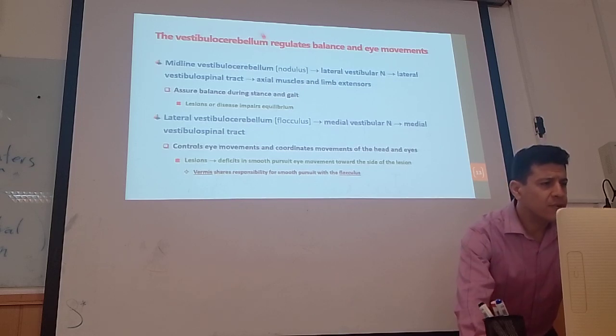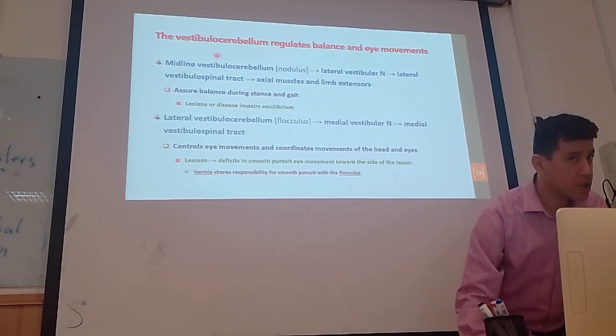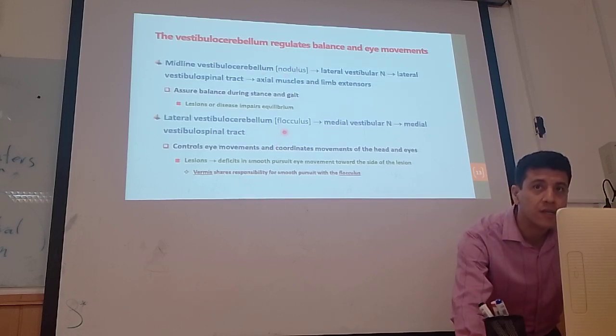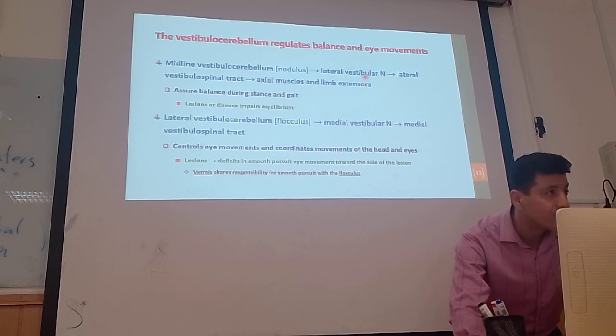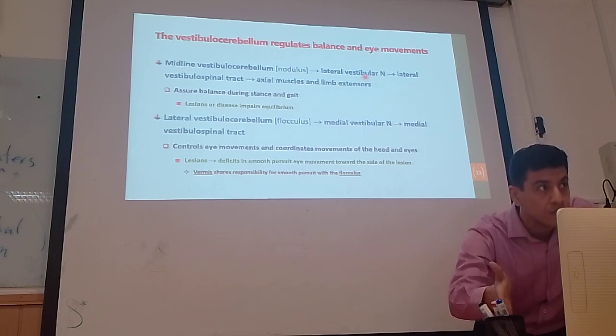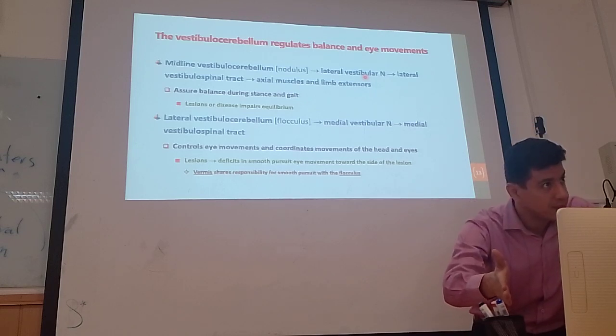Okay, vestibulocerebellum, flocculonodular lobe, right, has two parts, nodulus, flocculus, right? Nodulus located in the midline vestibulocerebellum, flocculus located in the lateral part, right? So, from the nodulus, fibers go to the lateral vestibular nucleus. You know, it's the origin of the lateral vestibulospinal tract, right?